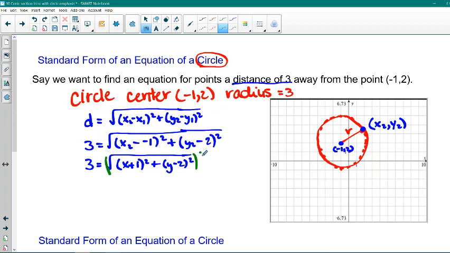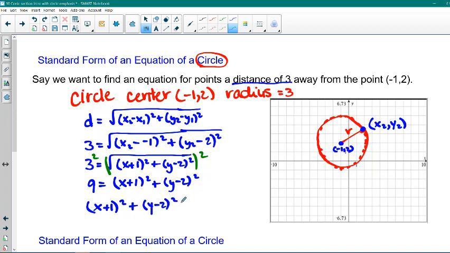It's a little cumbersome. So we can square both sides, and when we do, we get 9 is equal to (x plus 1) quantity squared plus (y minus 2) quantity squared. And just to get it in an even more typical setting, we'll put the variables on the left and the constant on the right.